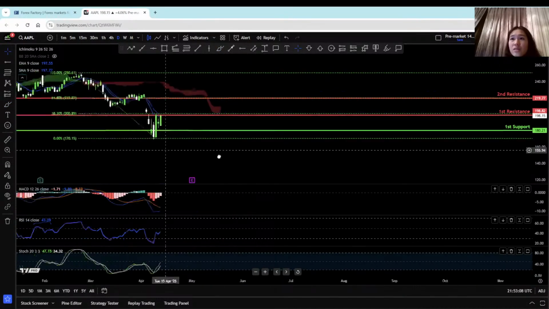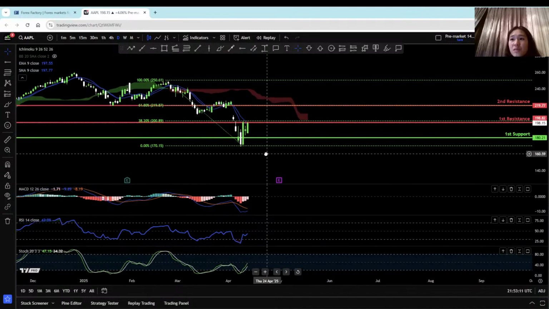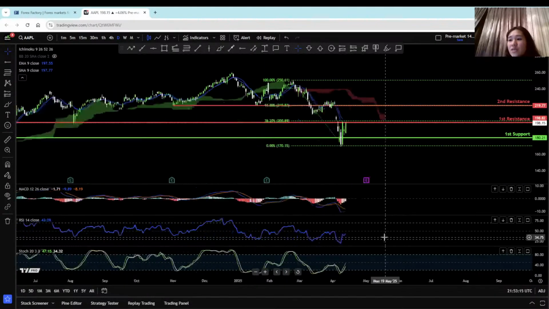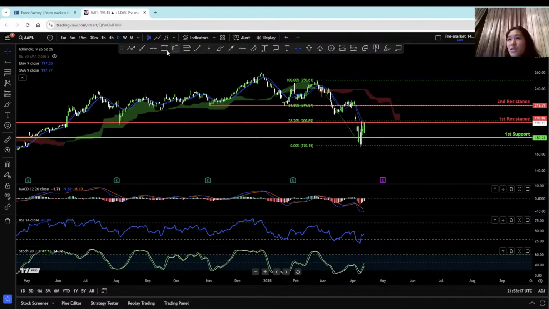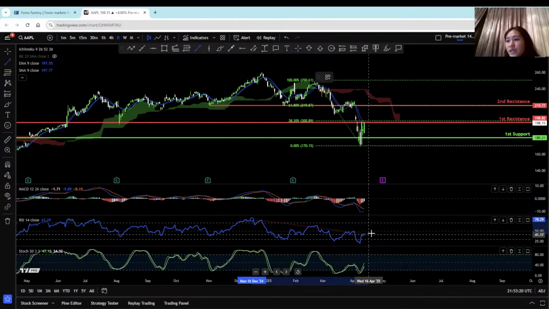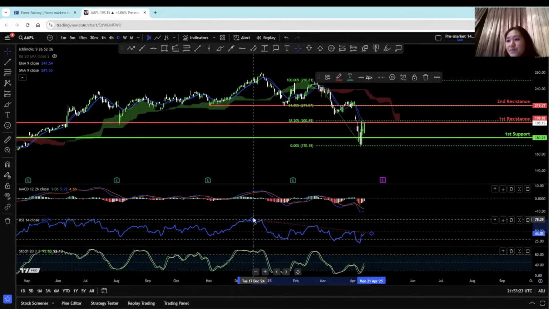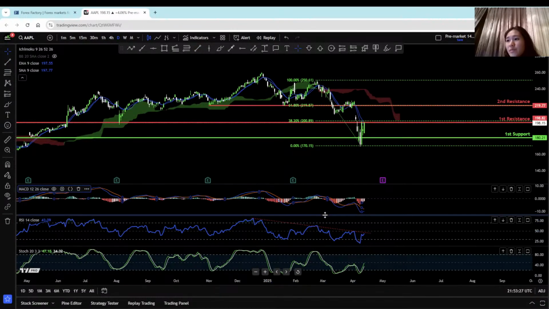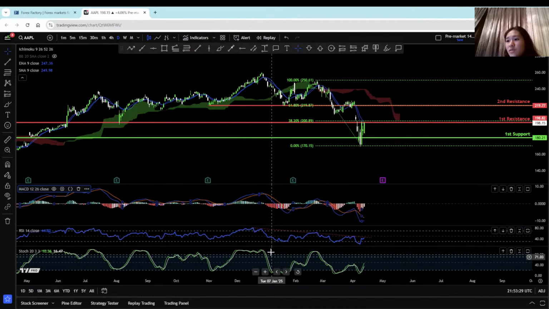But you can still see prices moving below EMA and SMA. Let's look at RSI and stochastic, and you can see RSI moving in a descending trend line. So again, pretty bearish signals.